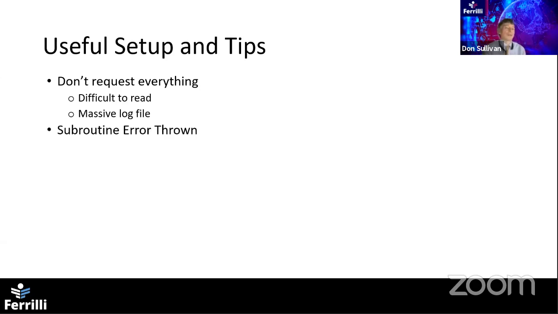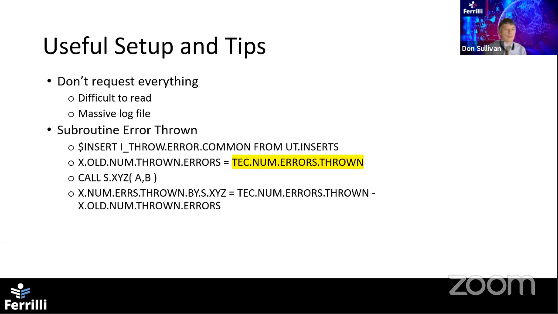Here's one that I think is very useful. You can take a look at your subroutine here. Say you have a subroutine that you think is throwing an error. If you put this insert into your code, the thrown error insert, you can then call your subroutine. As you can see here, you are basically initializing the number of errors thrown previously.